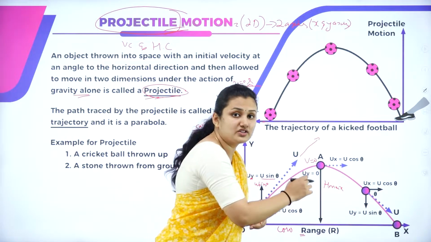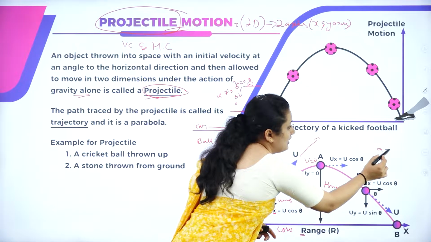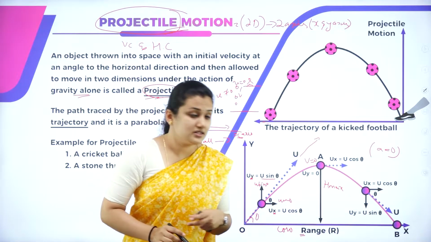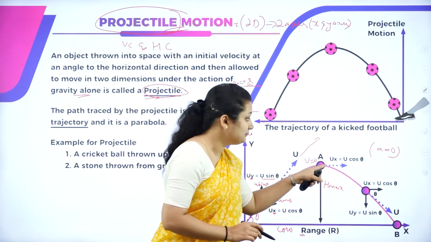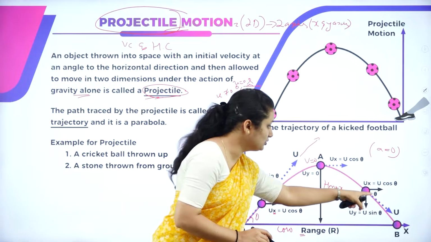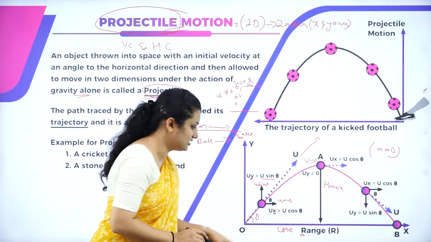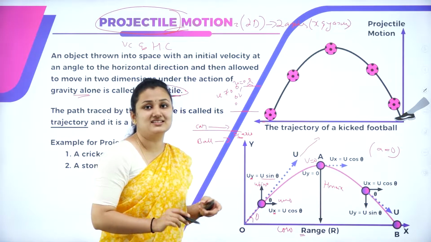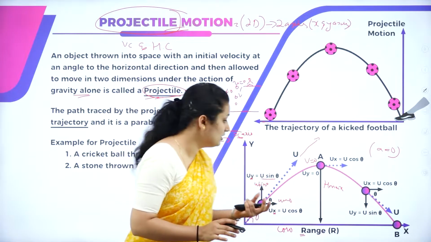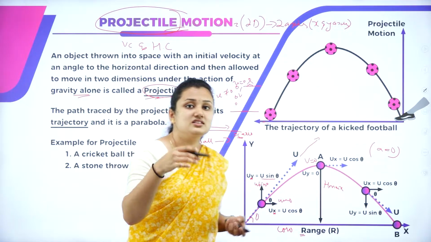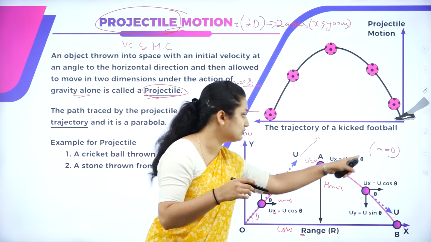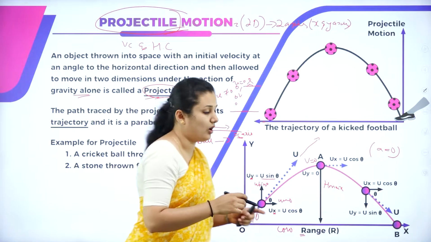So for the horizontal component, a is equal to 0, because along the horizontal you can see the ball's u cos theta is parallel to the x-axis. There is no change. So it is moving with a constant velocity. So a is equal to 0 in the horizontal component.